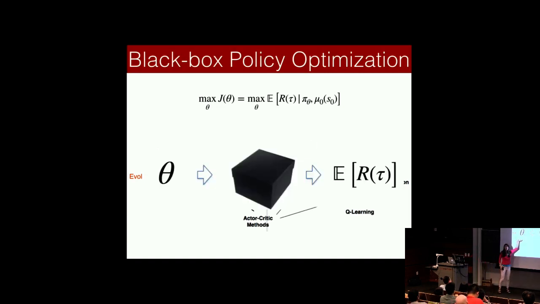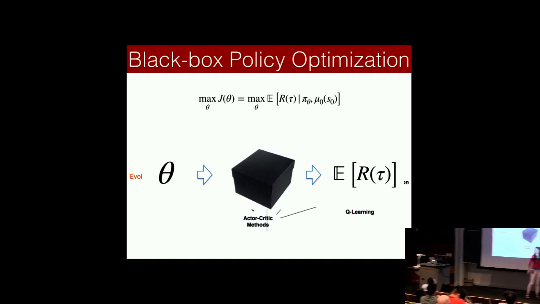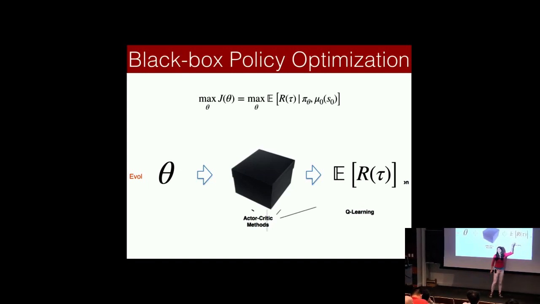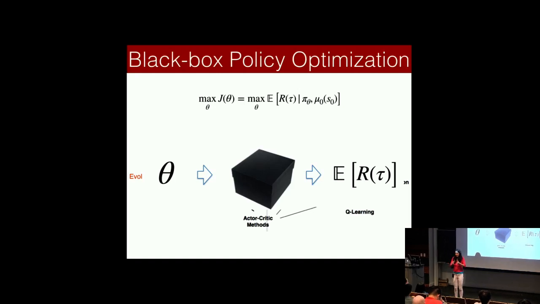Here are the parameters of your policy network, here's a black box, and here is the return, how good these parameters are for your policy. They don't use any other structure, that this return is composed of different states that add up together. It's just searching over parameters theta of your policy network so that they achieve the highest expected returns.